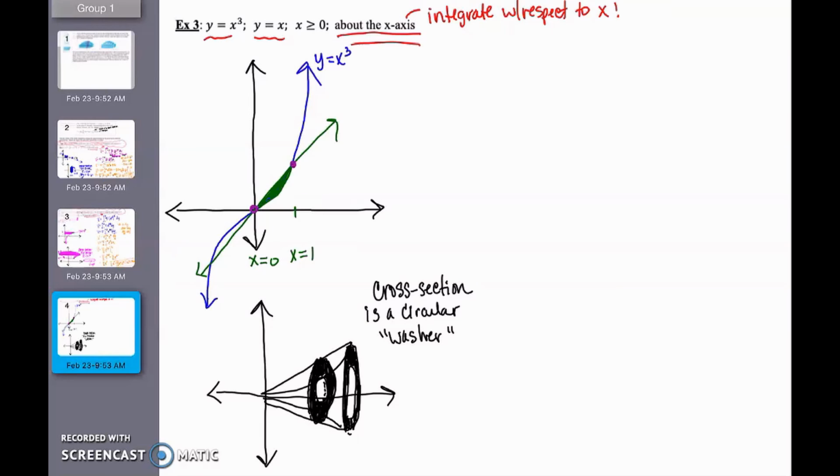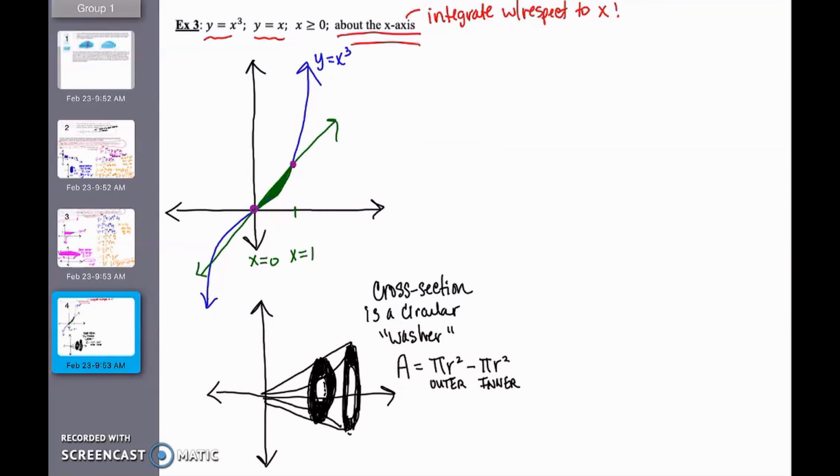So the area of a washer would really be the area of the whole disc, which would be pi r squared, but this would be of the outer radius or the outer function. And then we would just have to subtract off the inner circle, which would be pi r squared of the inner. Okay, so that's going to be our area.